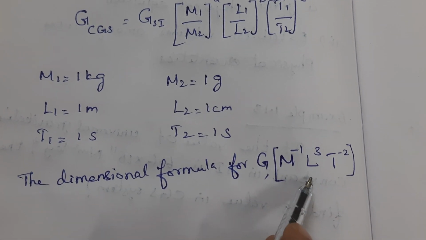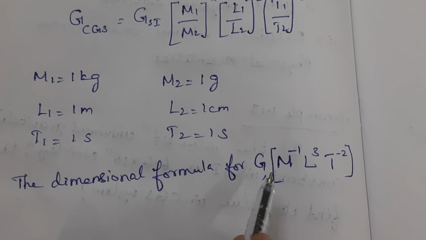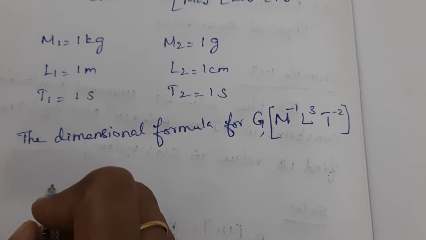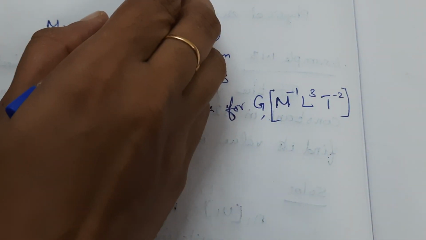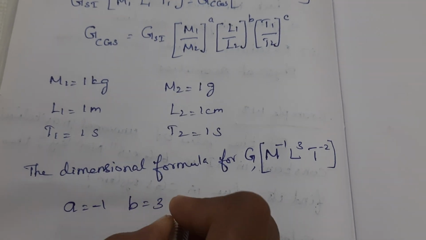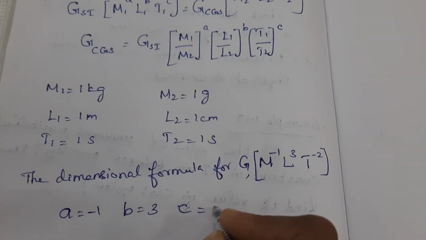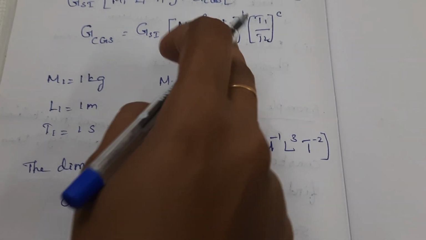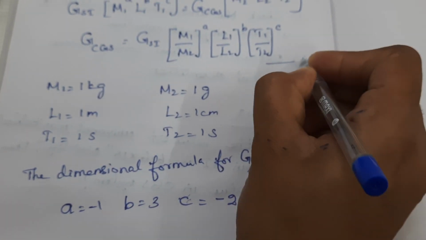This we have already seen in the derived quantities table. Comparing the powers, we can write a equal to minus 1, b equal to 3, c is equal to minus 2. Now substitute these values in this equation. Consider this as equation 1.